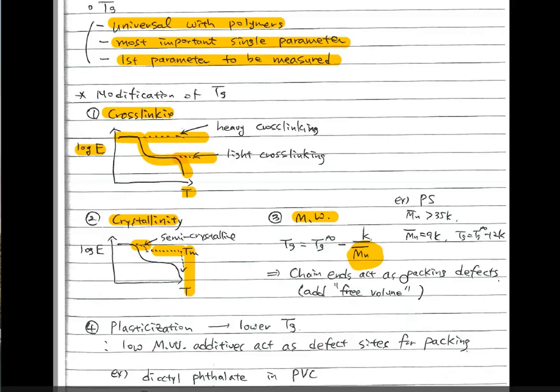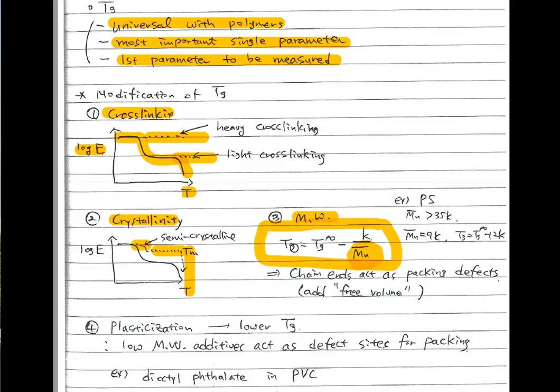If you have the same kind of polymers with different number average molecular weight, the glass transition temperature follows this kind of formula. Tg is equal to Tg infinity, where infinity means Tg of the infinite molecular weight, minus some constant K over molecular weight. Which means that if the molecular weight is small, if the polymers have short chains, they have lower glass transition temperature.